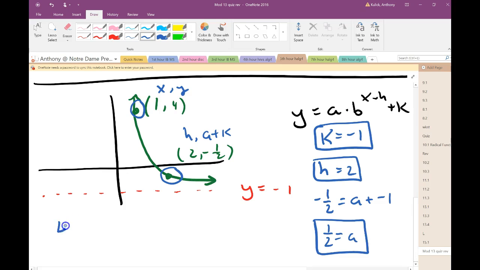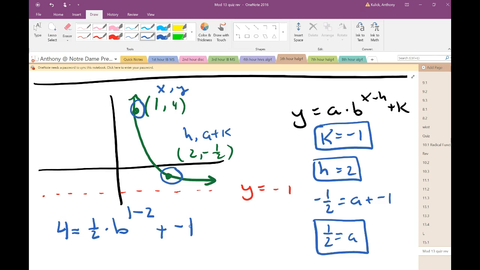So if I plug in y equals 4, a is 1/2, b is what we're solving for, x is 1, h is 2, and k is -1, I have this equation. Everybody agree with that?